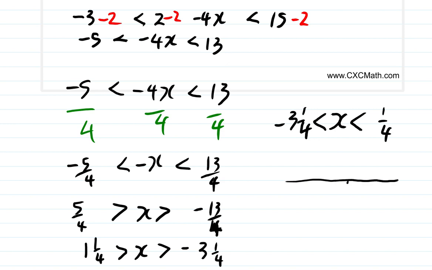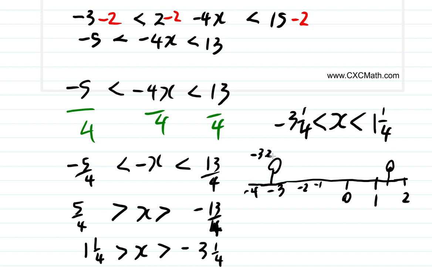Now when you have your number line here, this is 0, this is 1¼, this is 1, 2 is out here, so this is 1¼, good, and then negative 1, negative 2, negative 3, negative 4, what is here is negative 3¼ or negative 3.25 if you want.